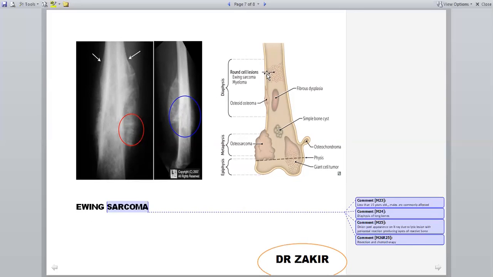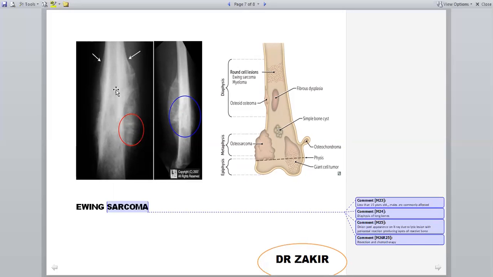It involves the diaphyseal area of the long bones, and the patient can present with pain and fever. The X-ray shows a characteristic pattern of periosteal elevation because of the bony lesion, so multiple layers are raised.